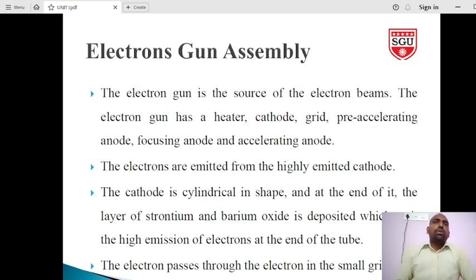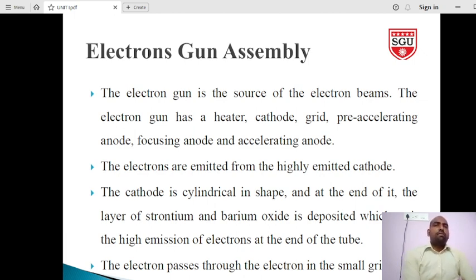The electron gun assembly is important for generating the electrons. The electron gun is the source of the electron beams. It has a heater, cathode, grid, pre-accelerating anode, focusing anode, and accelerating anode. These are the different stages.